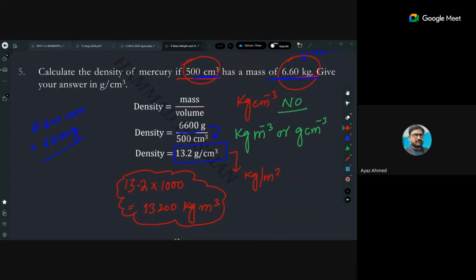So in this way we have to convert different numbers from different units. These are the units of densities that we can convert. Is that done?